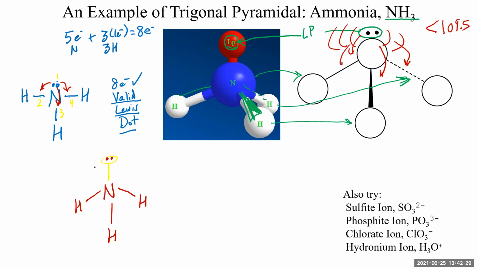And the only way to divide up the volume of space around the central atom is to put them 109.5 degrees apart from each other, like this. So they all take up space. But it turns out that the lone pair takes up more space because it's extra repulsive.